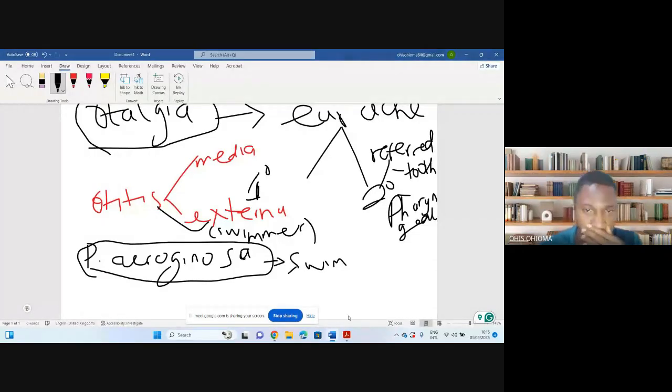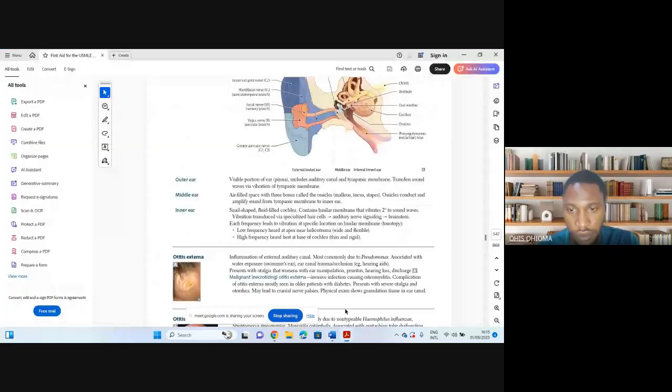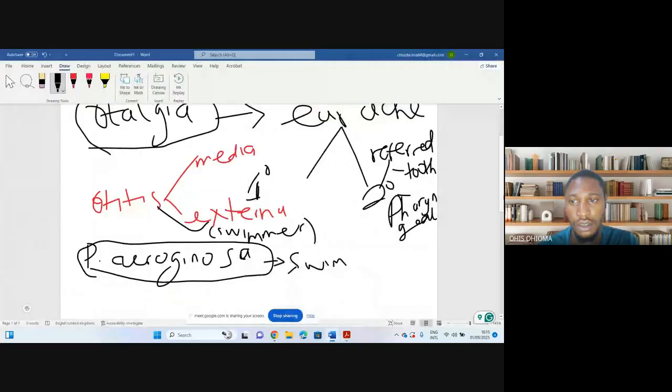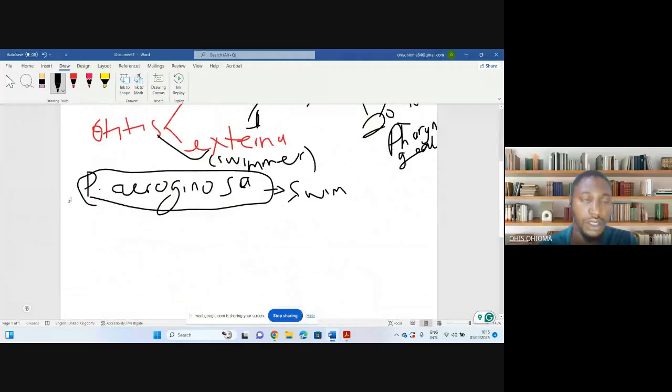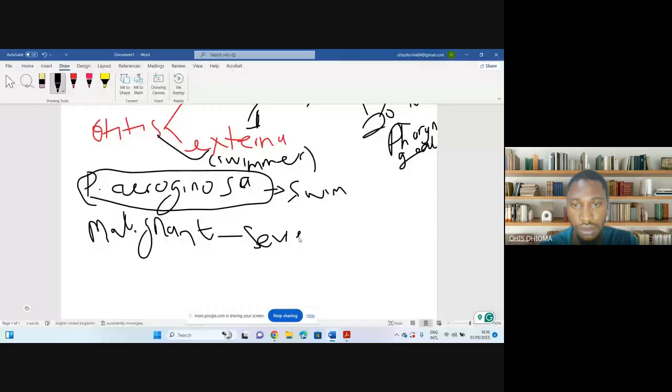In addition to this, another high yield thing to know for the exam is what we call malignant otitis externa. It's a severe form of otitis externa. The only difference is that the patients tend to present with more severe symptoms, so severe earache or otalgia.